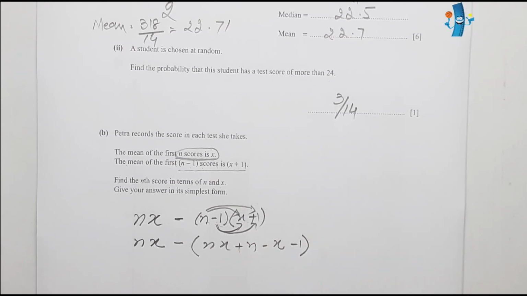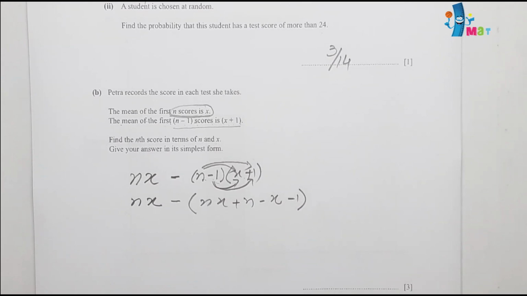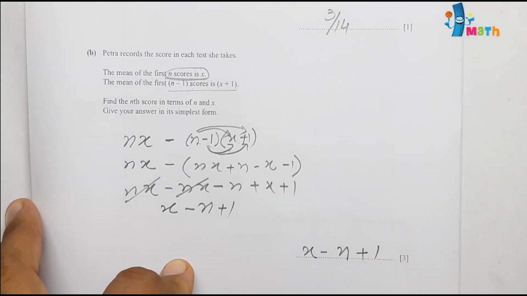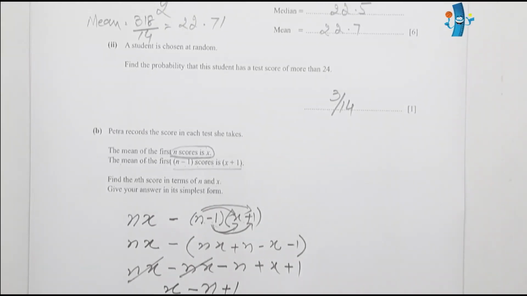Now we open the brackets and we get nx minus nx minus n plus x plus 1, because the minus changes the signs. So nx and minus nx cancel. So we get x minus n plus 1. This will be our answer to the B part, and we can write it at the proper location: x minus n plus 1.